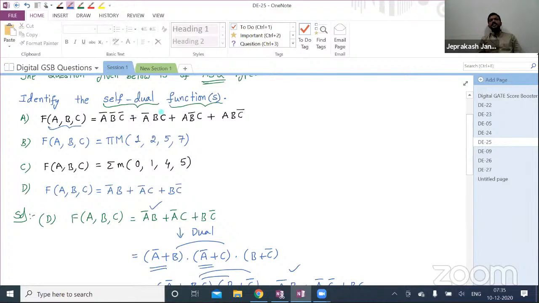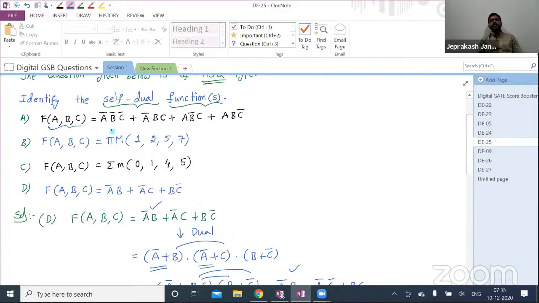Regarding self-dual, in order to save time, I will give one more shortcut. This concept you can apply when the function is sum of minterms.